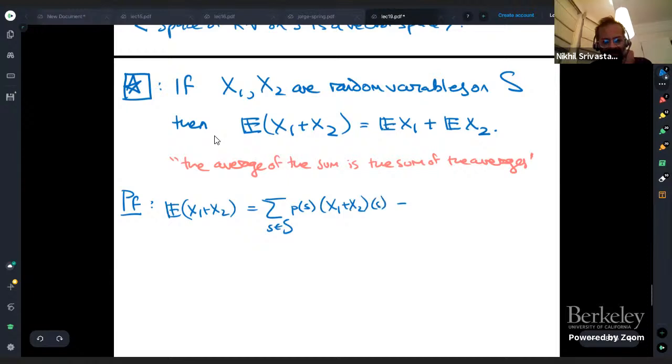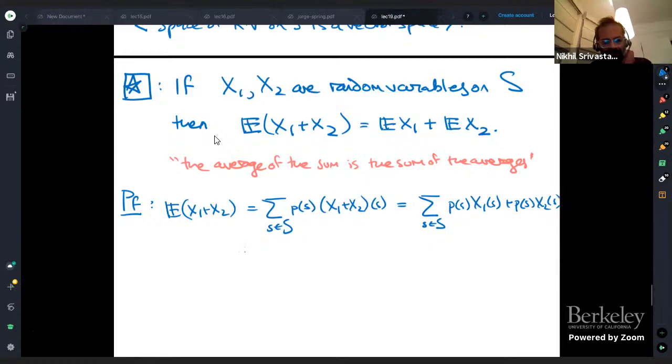But by the definition, you can distribute this. And now you again distribute this across the summation.